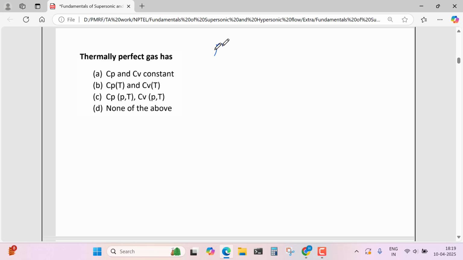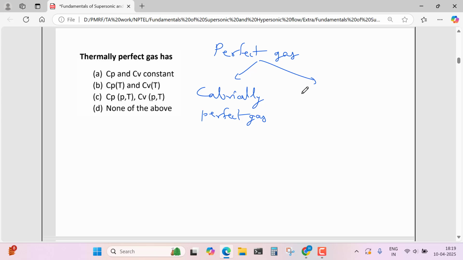So perfect gas are mainly 2 types: calorically perfect gas and thermally perfect gas.